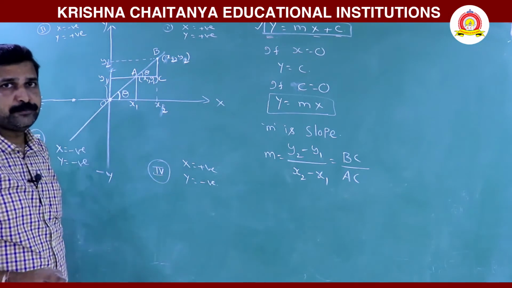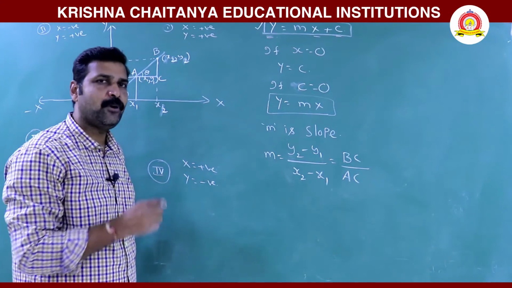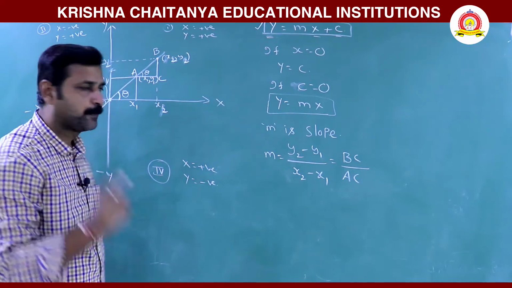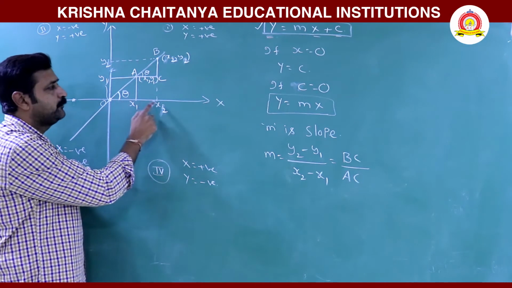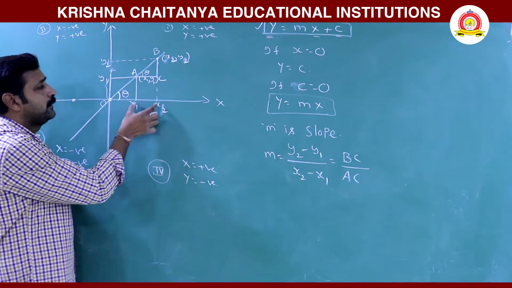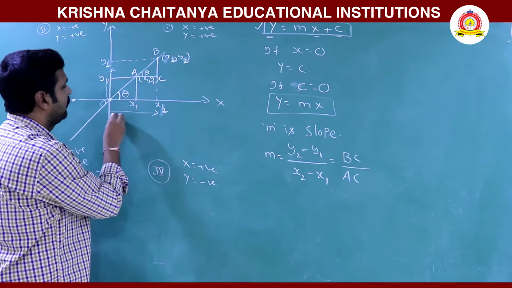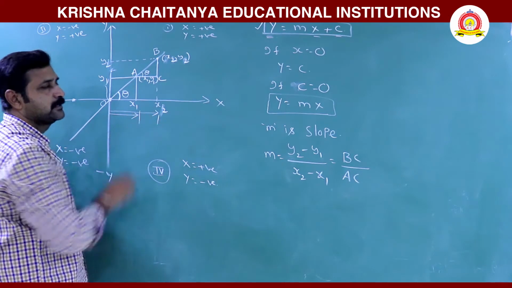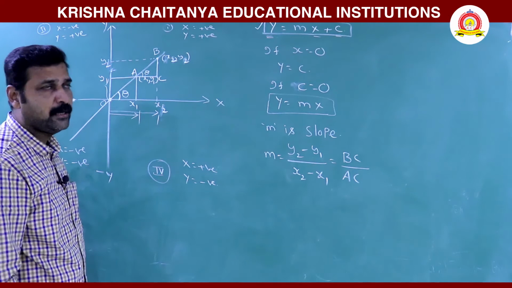In any graph, this is a very fundamental point. If you take any points, all the distances are measured from the origin only. If this is x1, that is the distance from the origin. If this is x2, that is the distance from the origin. In between, AC is x2 minus x1, then you will get this distance. So always distances or coordinates are measured only from the origin.